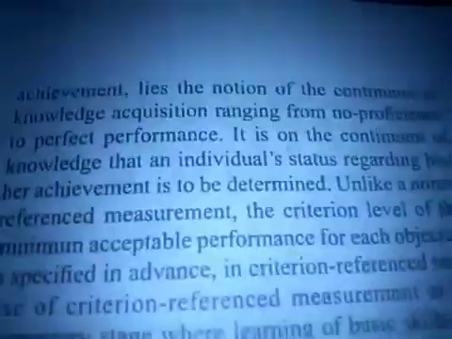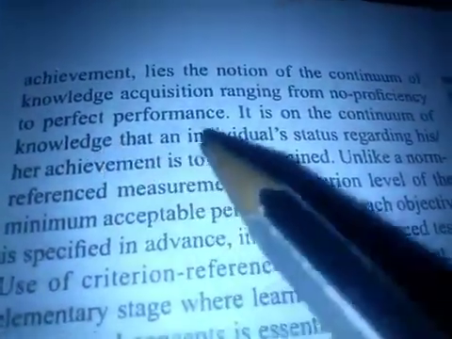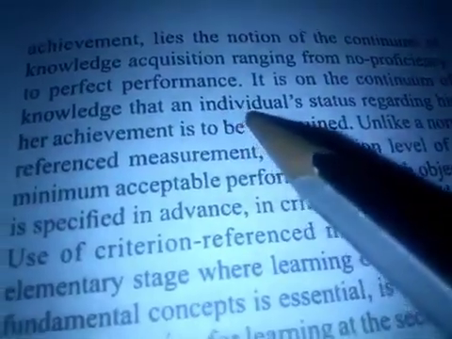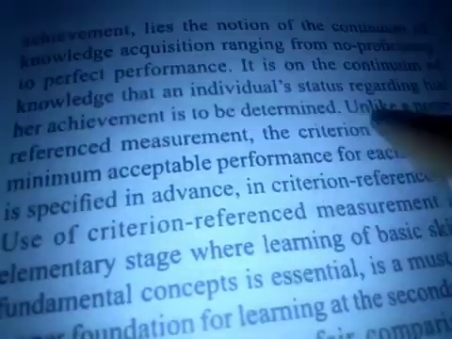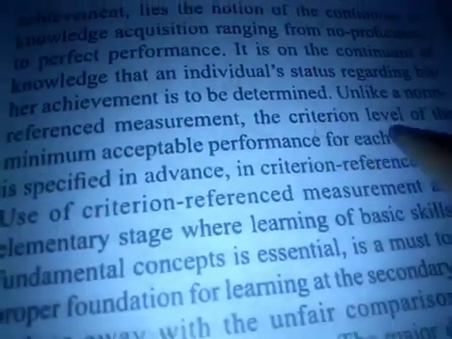According to Glaser, underlying the concept of measurement of achievement lies the notion of the continuum of knowledge acquisition ranging from no proficiency to perfect performance. It is on the continuum of knowledge that an individual's status regarding his or her achievement is to be determined.